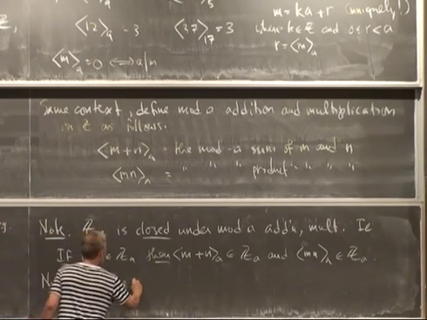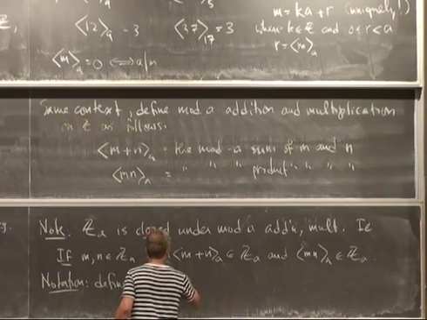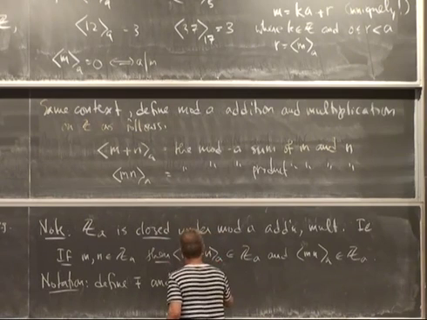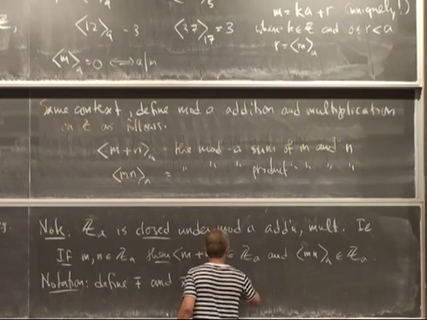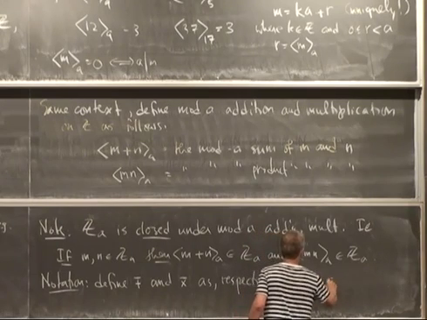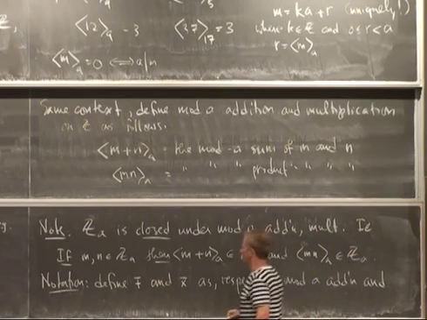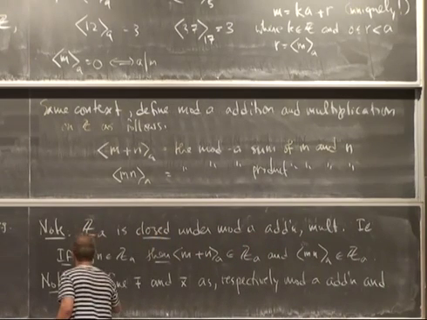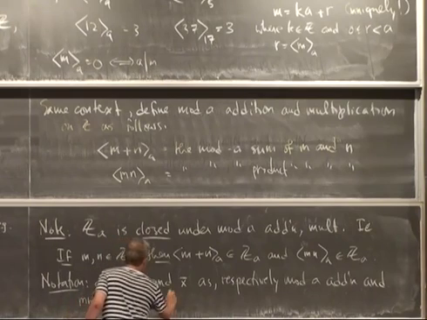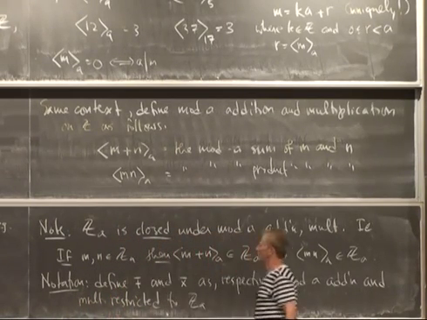I'm going to define plus with a bar over it and times with a bar over it as respectively mod a addition and multiplication restricted to the set integers mod a.